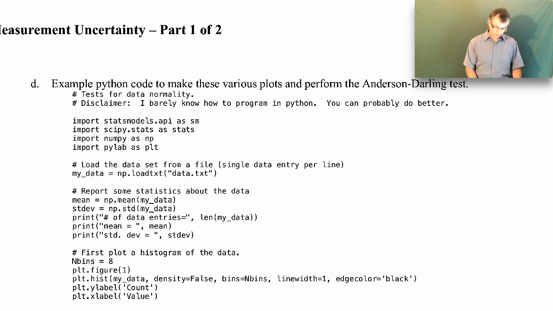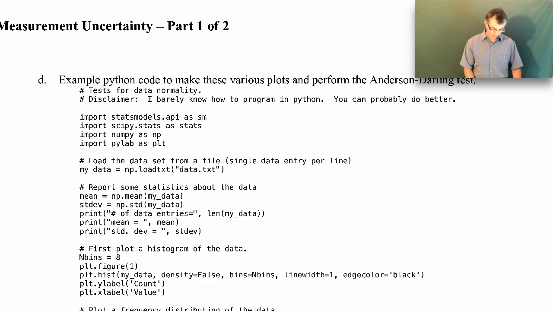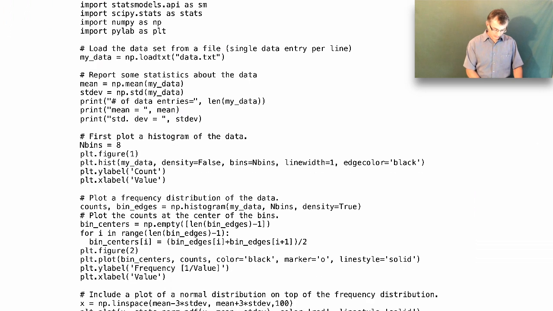If you want to see how to run these tests, I again give some Python code to do these checks. And again, I'm not a good Python programmer, so you could probably do this better. Here you can read in a data file, calculate the mean and standard deviation as well as the number of entries, and plot a histogram.